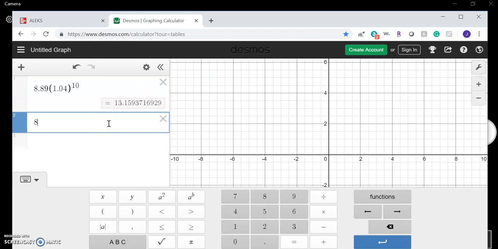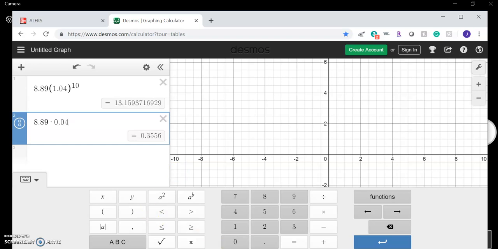So we have $8.89 multiplied by 0.04. And that gives us, oh, I got to remember, you don't put the equal sign. That gives us about 36 cents. So it'll be 36 cents for 1 year.